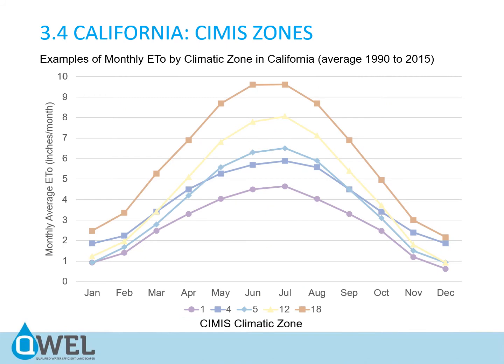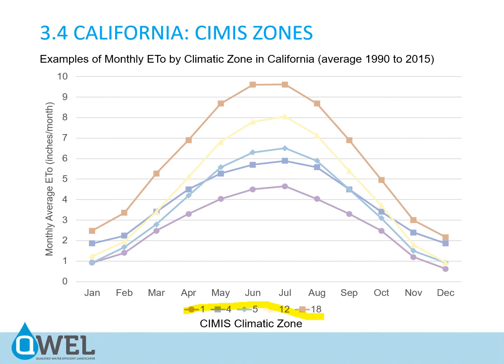This chart shows examples of monthly ETo by climatic zone in California. We have a couple of select zones represented across the bottom: zone 1, 4, 5, 12, and 18. Zone 18 would be the top one here in red.